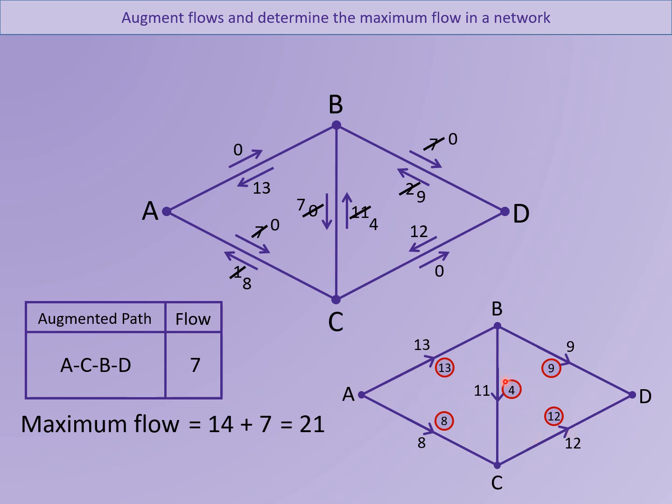It changes that 11 that you had originally to 4, and now you've got your maximum flow, and you can find a cut for that value. And there we go. There's a simple cut separating the nodes A, B, and C from the node D, and that gets you a cut of 21. Hence, that is the very best flow through the network, a flow of 21.